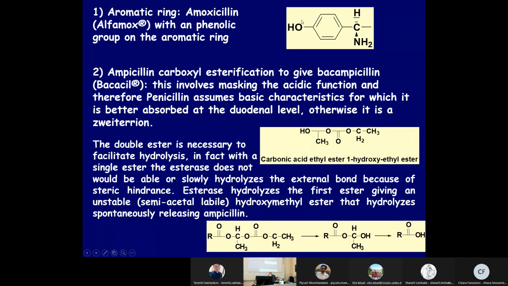You see the first modification, the OH. You see this quite strange alcohol using the esterification of the acidic function. Okay, I'm not interested in the chemical structure of this particular alcohol, it's just to describe you how by masking the acidic function we can increase the absorption of this type of compound.